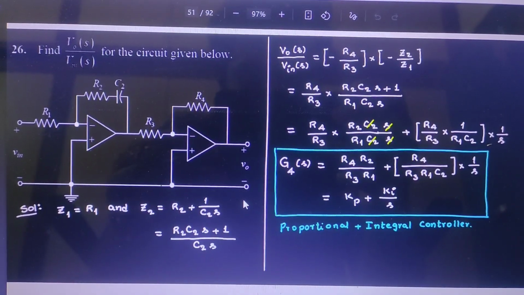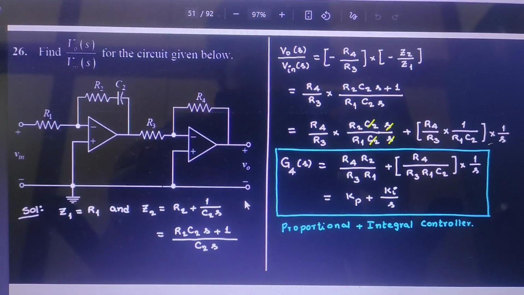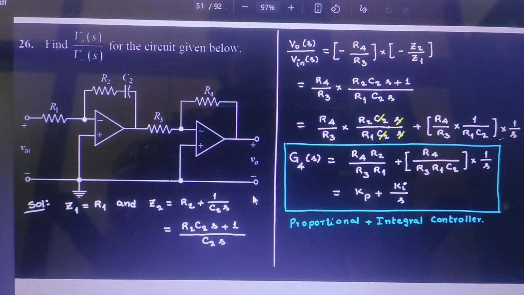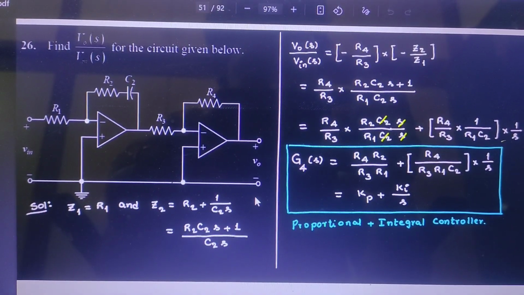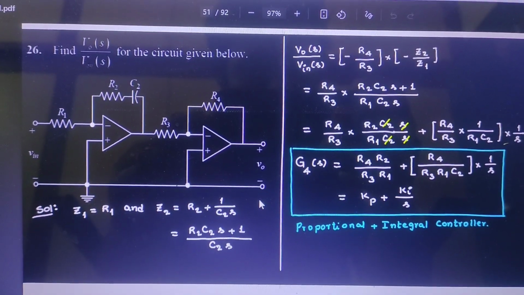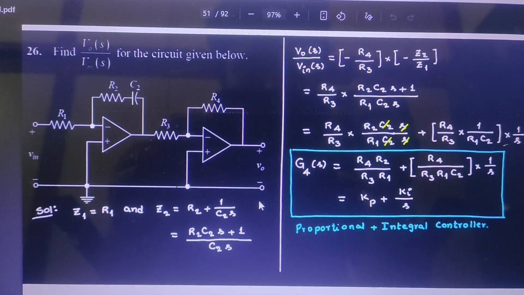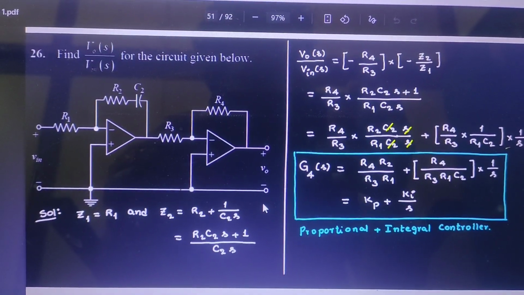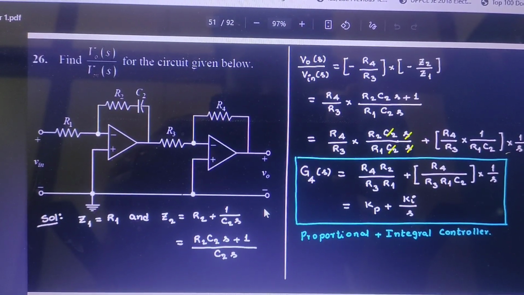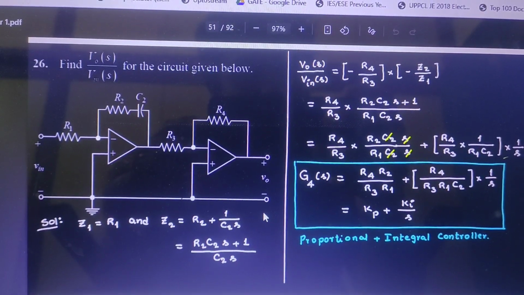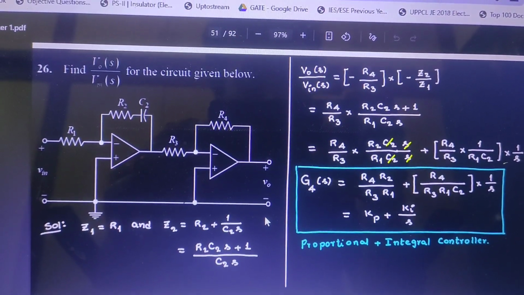In this circuit, we are looking at the proportional plus integral controller. In a proportional plus integral controller, the feedback resistance is replaced with a series circuit of resistance and capacitor, and the input is given to the negative terminal, so it is an inverting op amp. So you will get output voltage by input voltage as minus RF divided by R1.